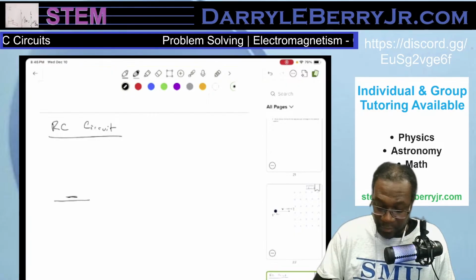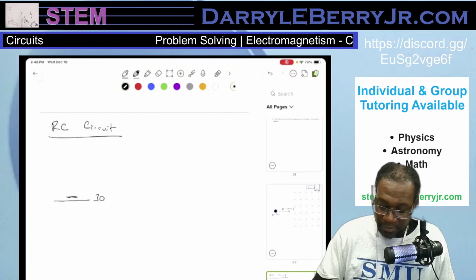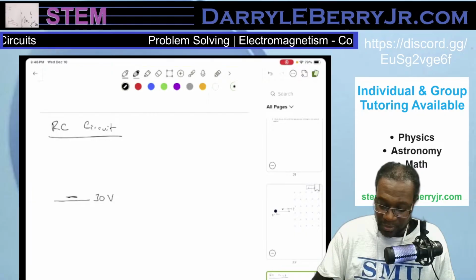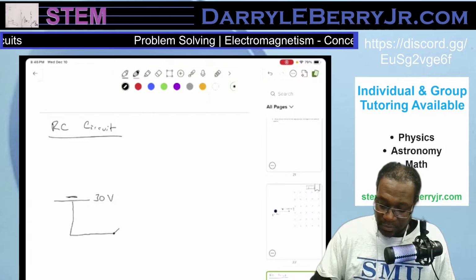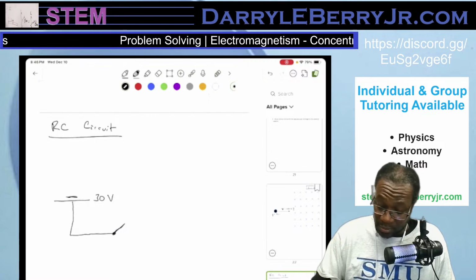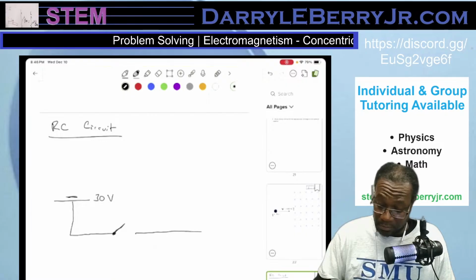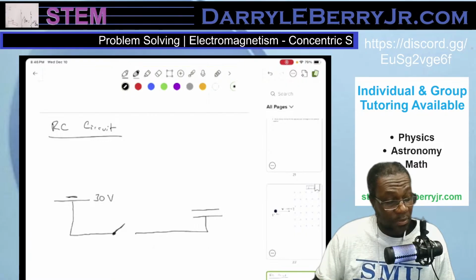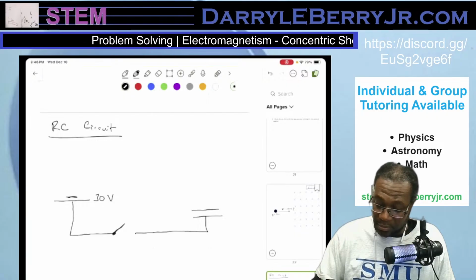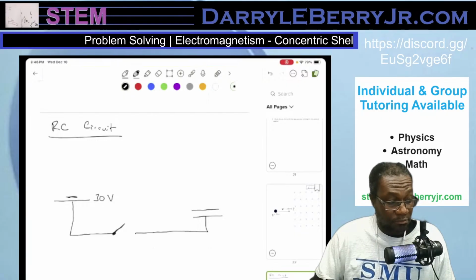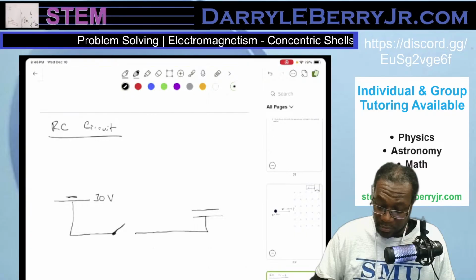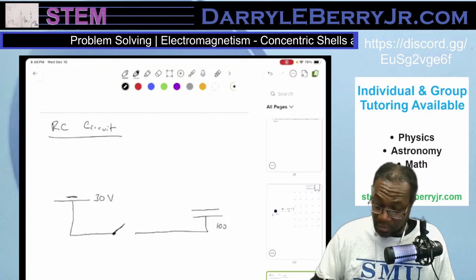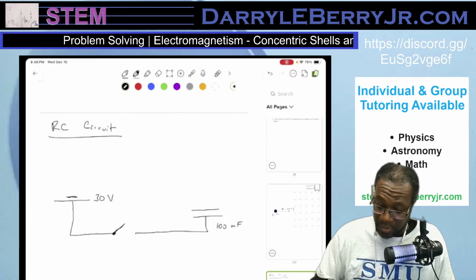So this will be our battery. I'll call this a 30-volt battery. So this would be a problem I haven't specifically done. I'll sort of make up the details of it now based upon a similar problem. It will be one capacitor. Let's see, this is 100 microfarads.